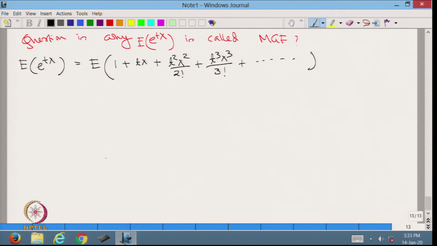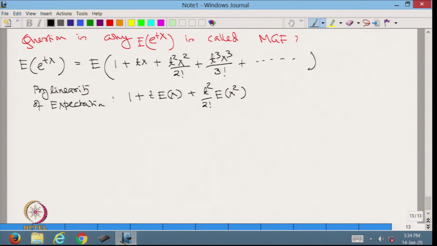So, we get an infinite series, and by linearity of expectation, we can write it as 1 plus t times expected value of x plus t square upon factorial 2 expectation of x square plus t cube upon factorial 3 expectation of x cube plus up to infinity.